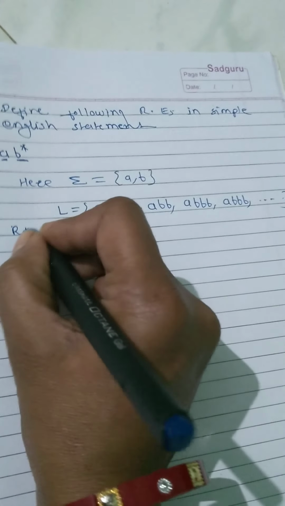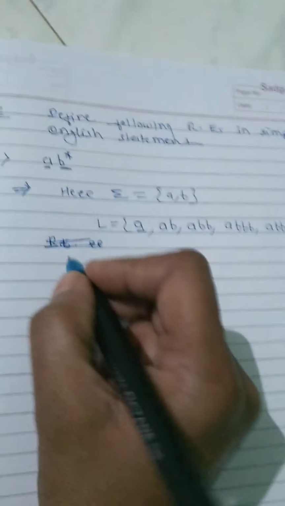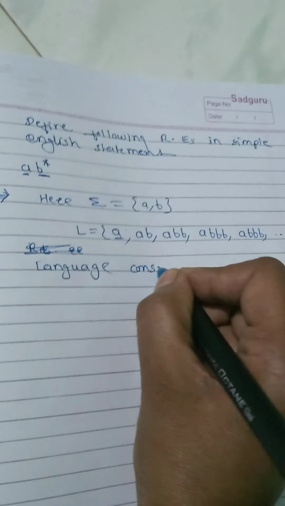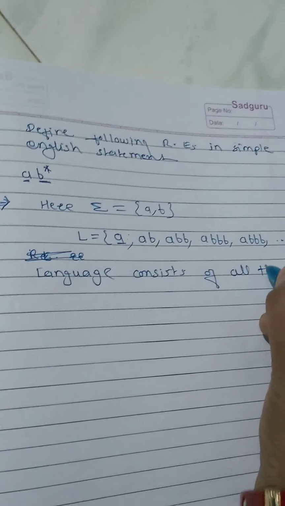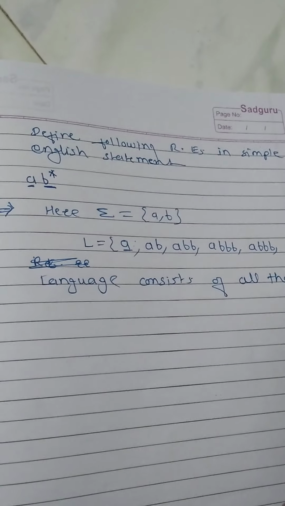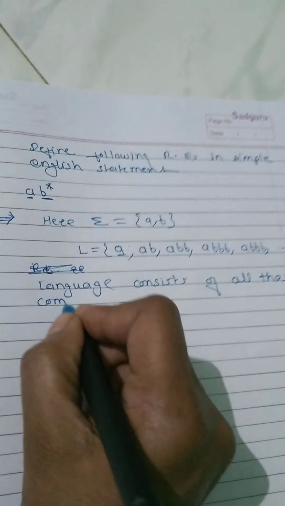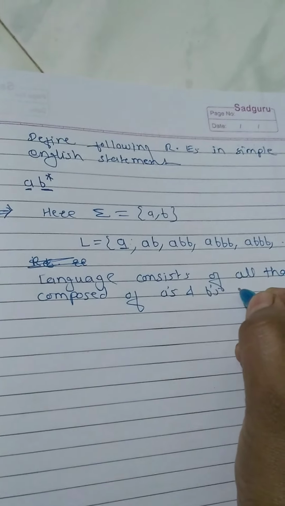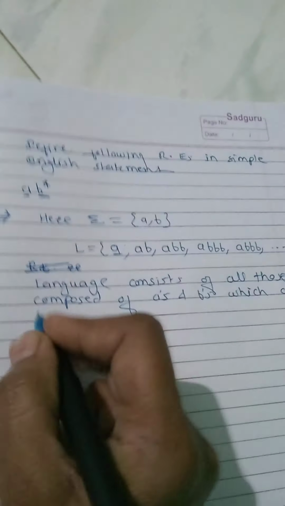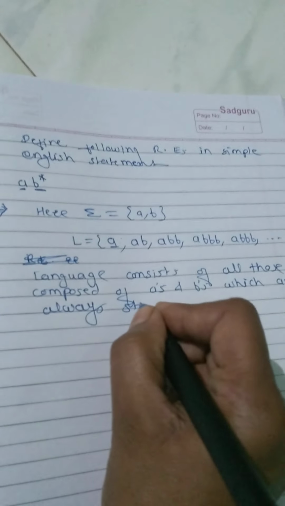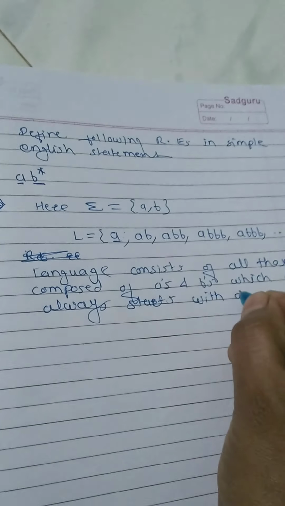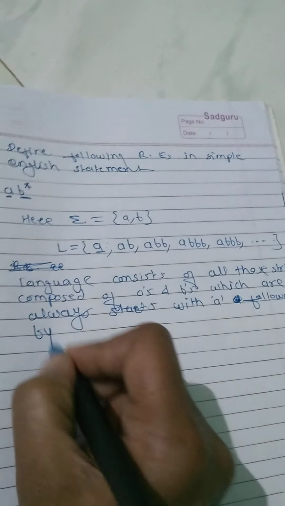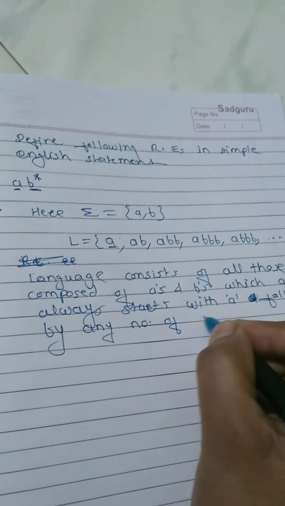The language consists of the regular expression representation. We will write here: the language consists of all those things composed of A's and B's which always start with A and are followed by any number of B's.